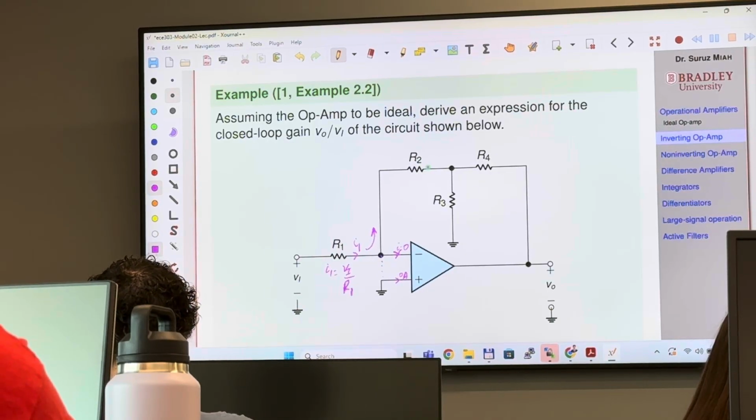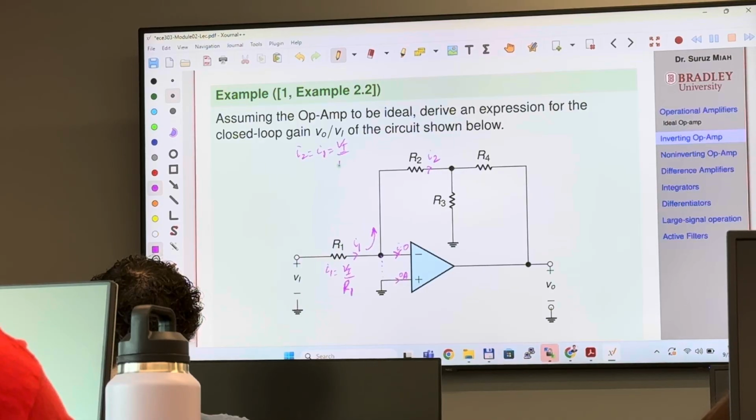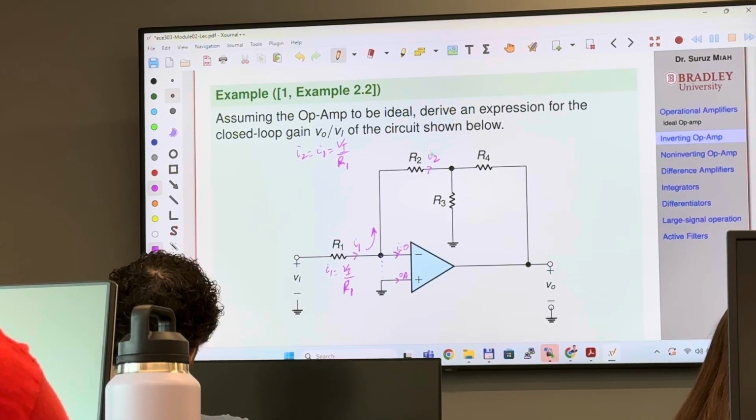Therefore, if I denote the current flowing through this as I2, then I2 is going to be simply I1, which is simply Vi over R1. Okay? So we now know what is I2.